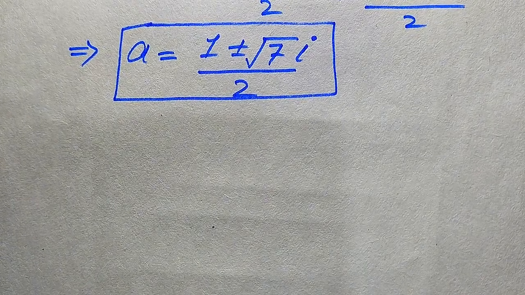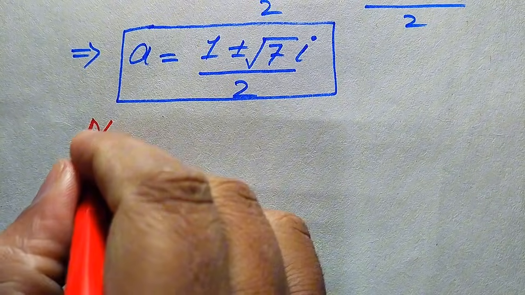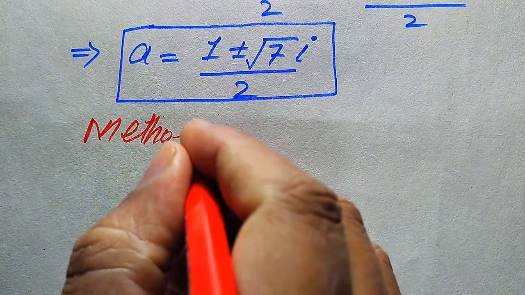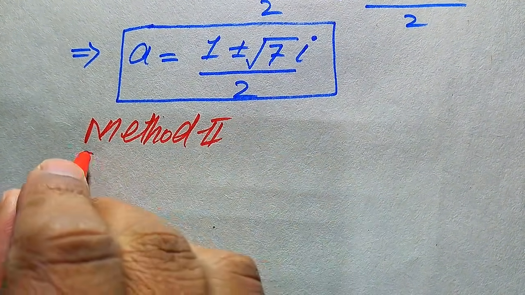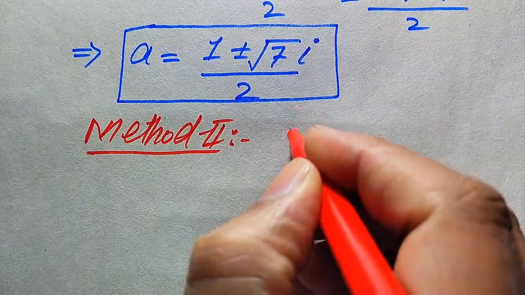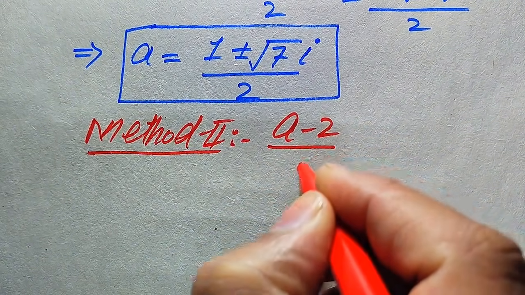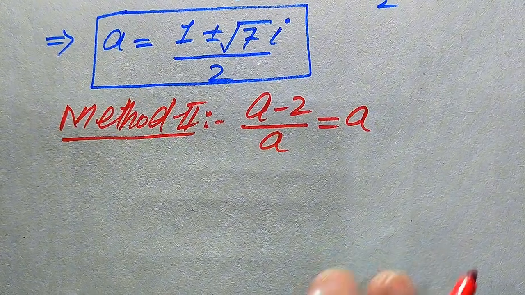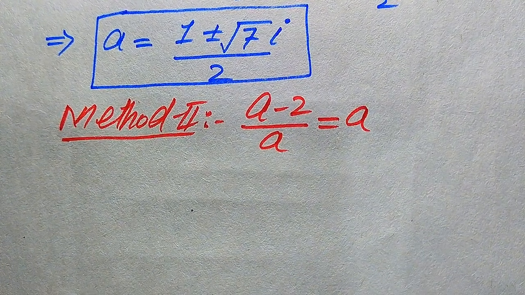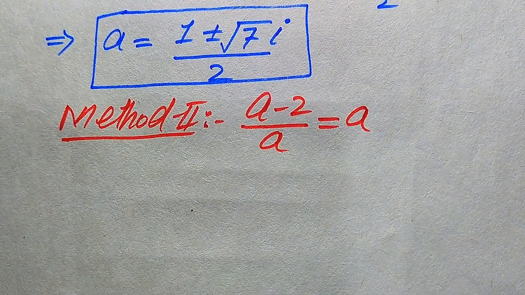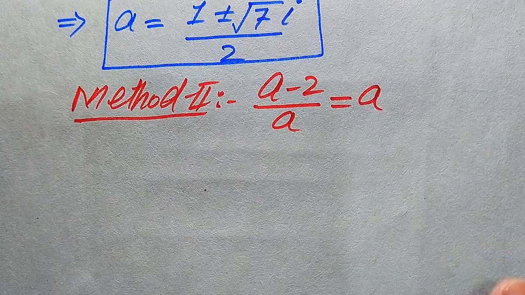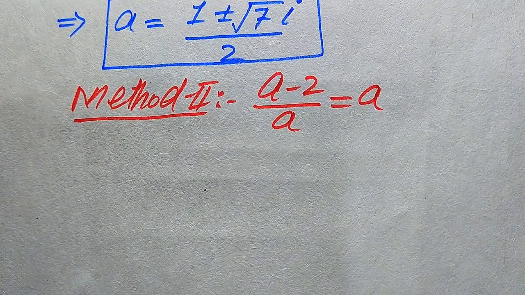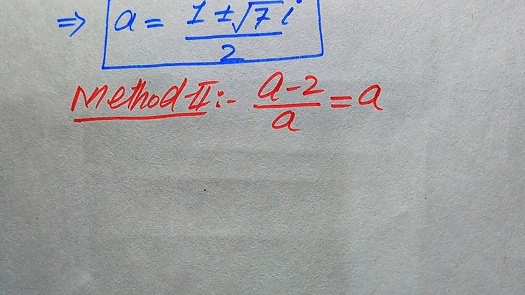So now we again solve this problem by the second method. For the second method we copy down the given question statement, which is a minus 2 divided by a is equal to a. Here I will give you a second technique to get the simplified form of this equation.